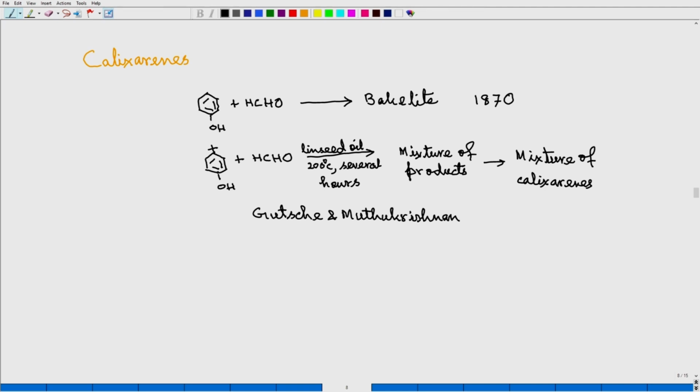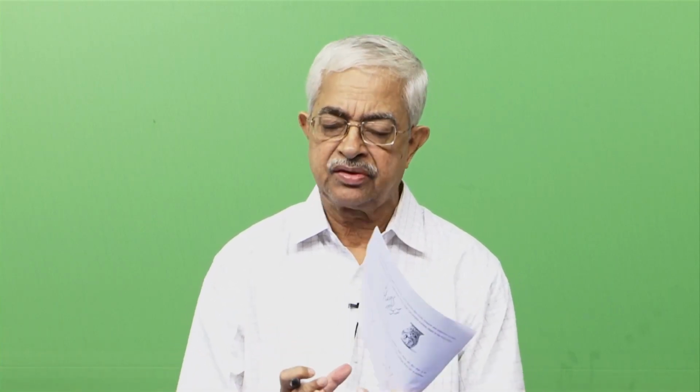Calix means vase in Greek, because it was found that especially calix 4 arenes and calix 5 arenes, I will come to what is the meaning of 4 and 5, have a 3-dimensional structure. It is non-planar and very much resembles a flower vase.